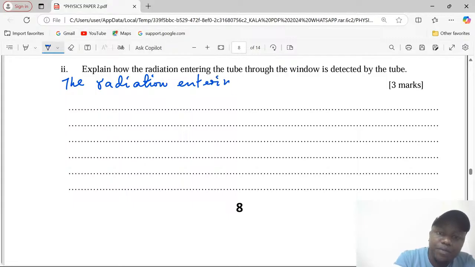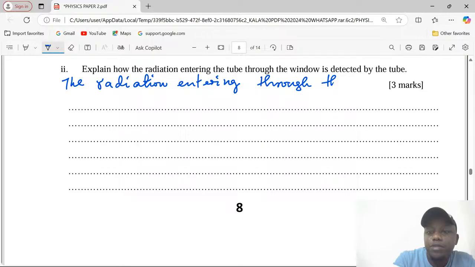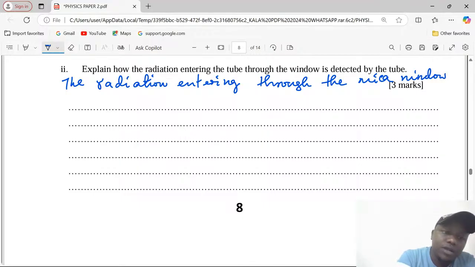Okay, the radiations entering through the Mika window have an ionization effect. They ionize the argon gas.